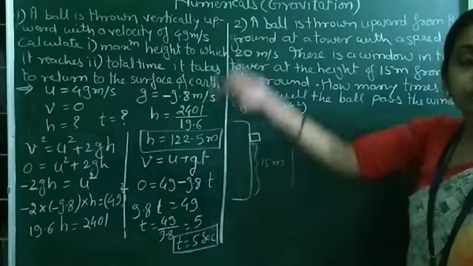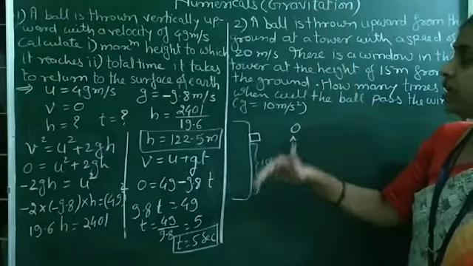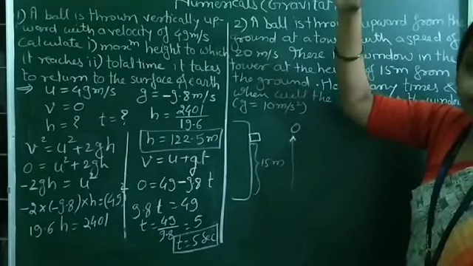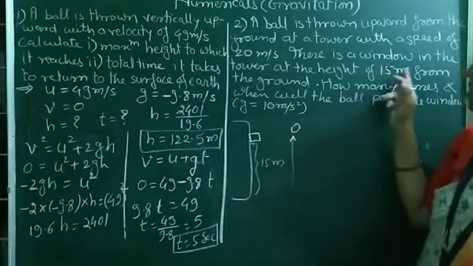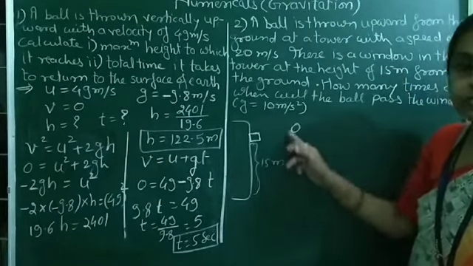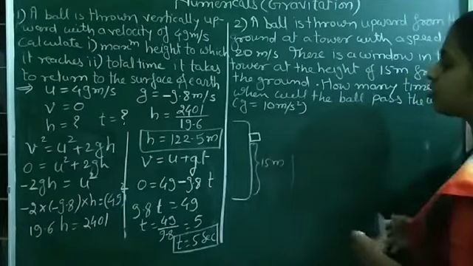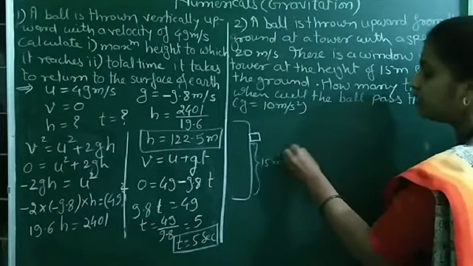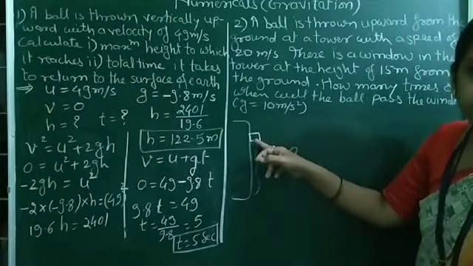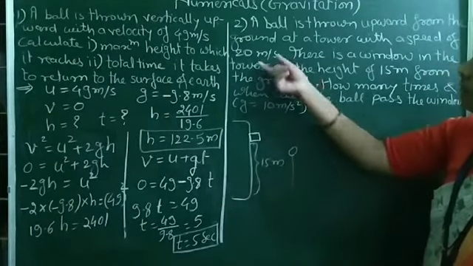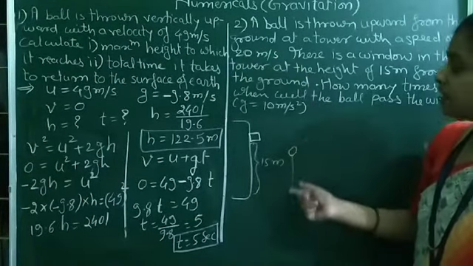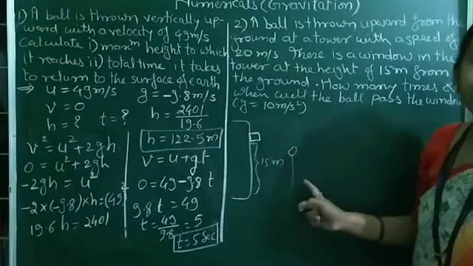Whenever any object is thrown vertically upward, it attains a certain maximum height. If that height is greater than 15 meters, then the ball will pass the window. But if the height attained with this speed is less than 15 meters, then the ball does not pass the window. So first we have to find how much height is attained by the ball thrown with a speed of 20 meters per second.